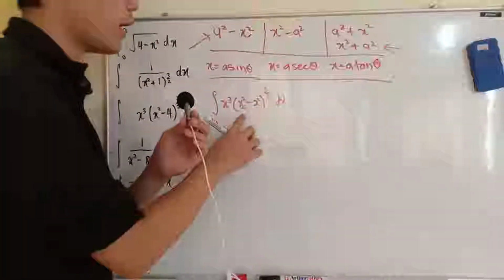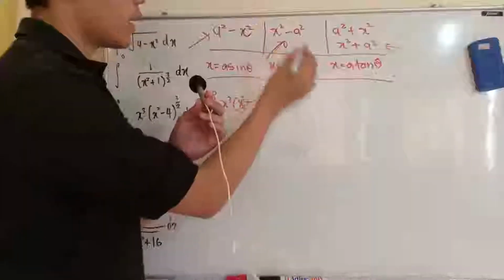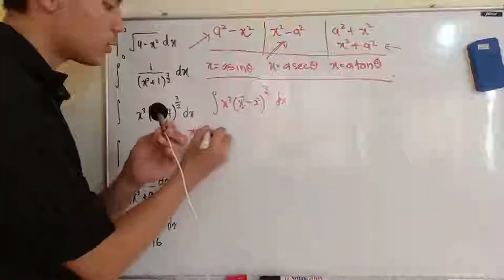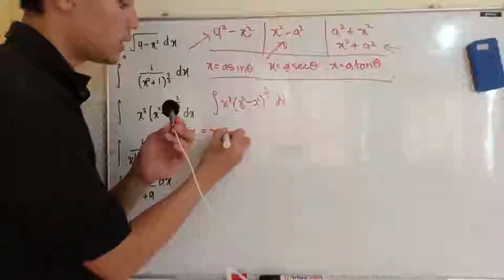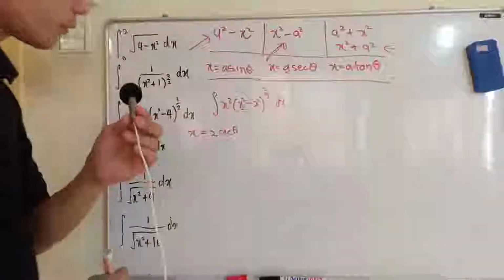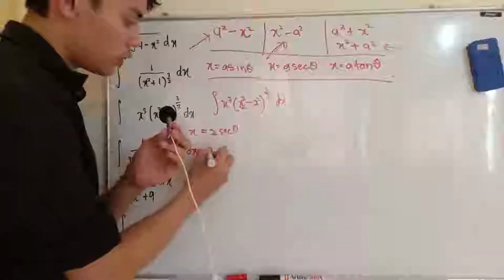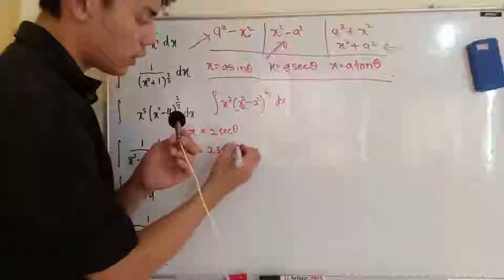So now you have s square minus a constant square, which is this one. So what you're going to do is just let s equals a, now 2, times secant theta. Then you just differentiate it: secant gives secant theta tangent theta d theta.